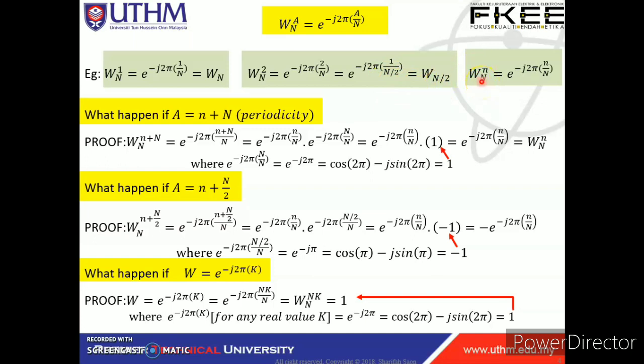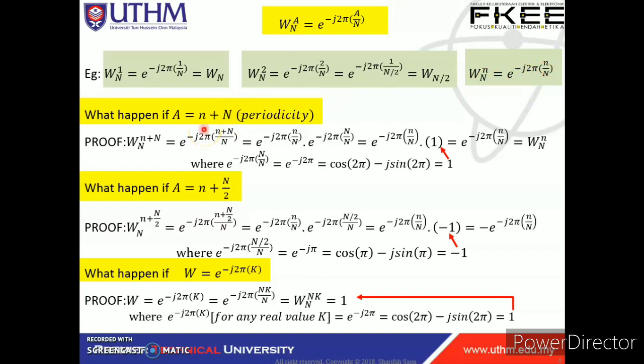Next is another example of the general form to write the W. We have W small n over N, the number of samples, equal to exponent negative j 2 pi, and in the bracket we have numerator small n and the number of samples at the denominator.